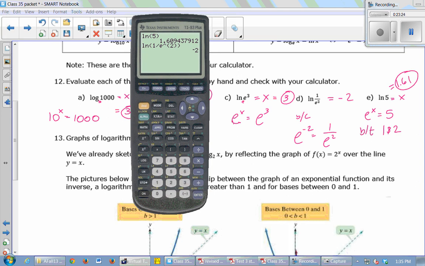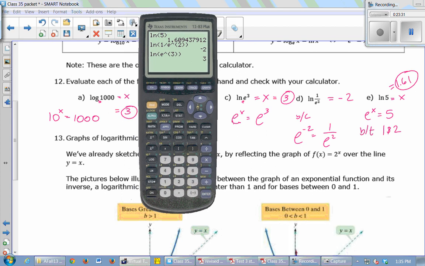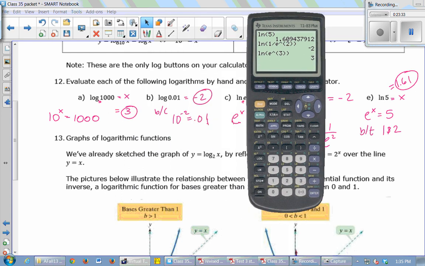And the ln of e cubed is 3. And the log of 0.01, so I use my log button here, 0.01, -2. And the log of 1,000 is 3. So those are the only 2 log buttons you have in your calculator. So if I give you a base other than 10 or e, you have to do it by hand for now.